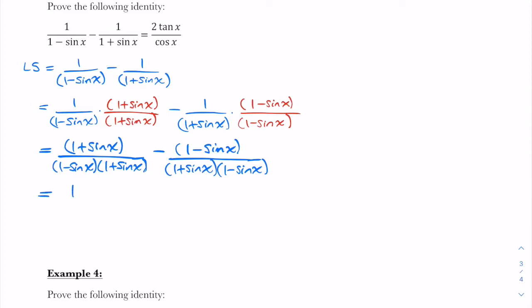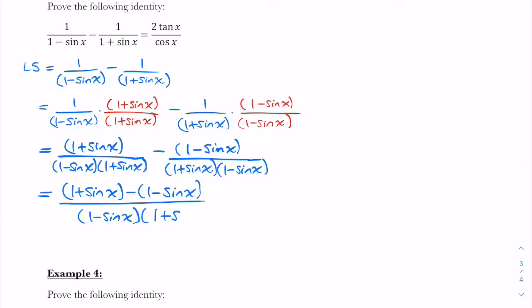So that's 1 plus sine x take away 1 minus sine x over the one big fraction of 1 minus sine x multiplied by 1 plus sine x.